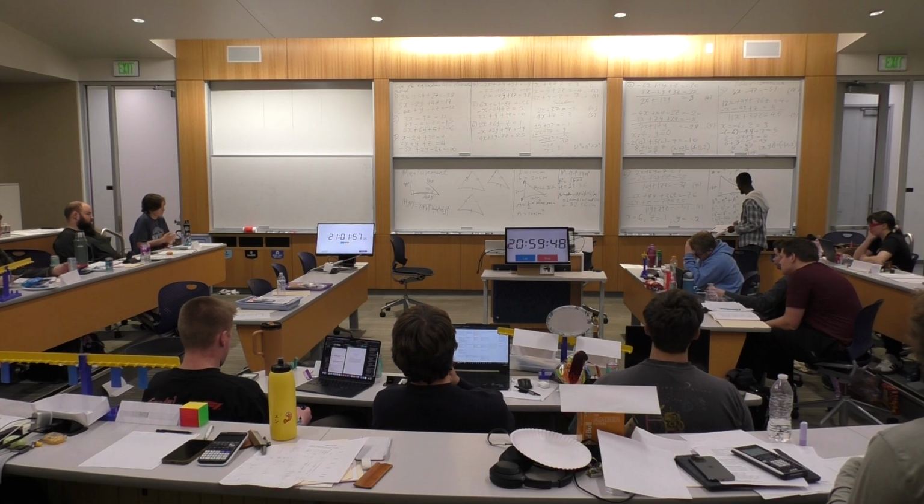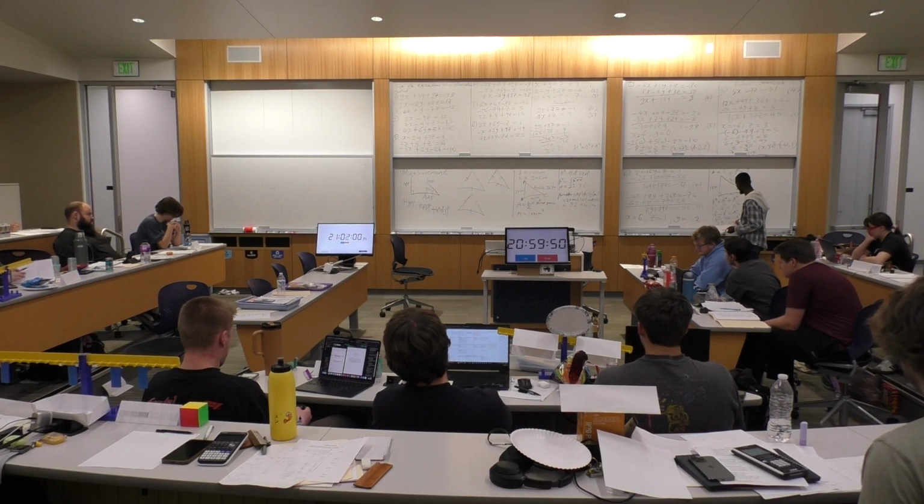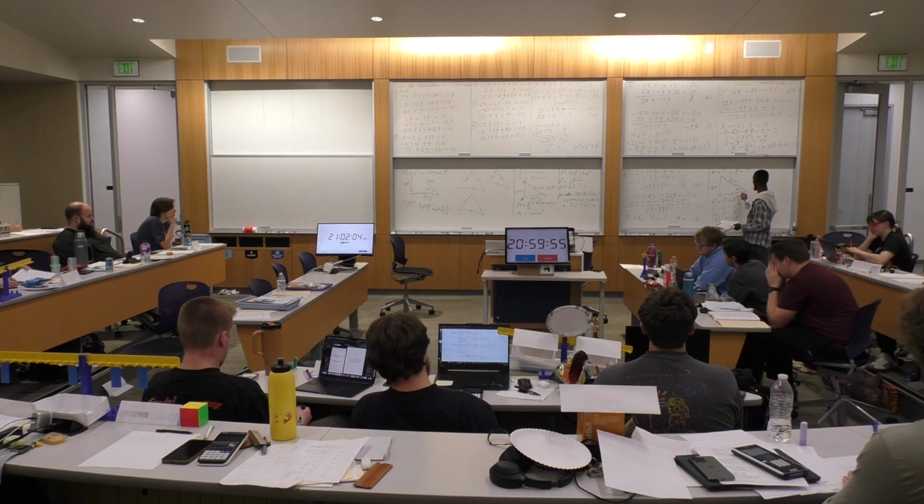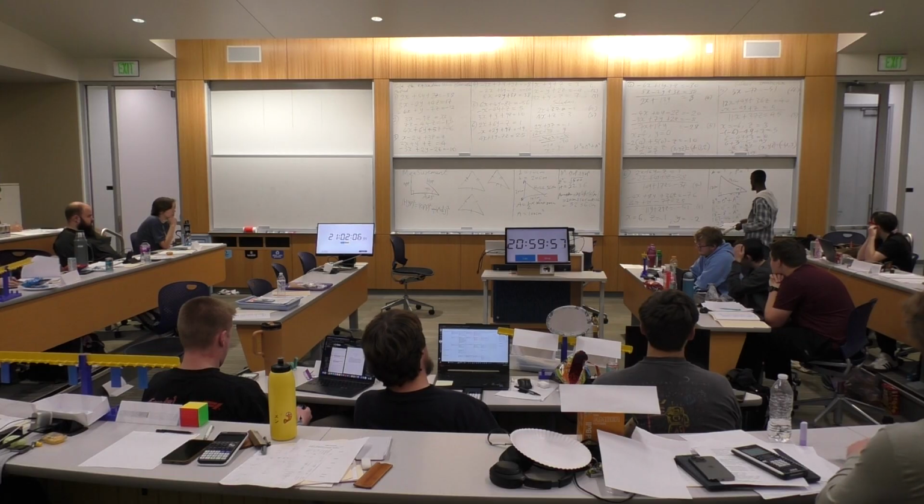Square root of 25 is 5. Hence our a is 5.